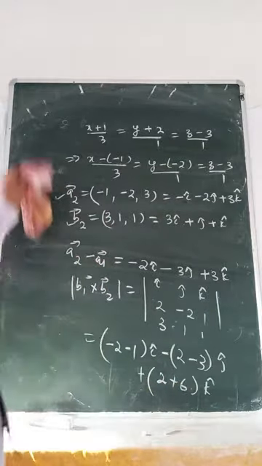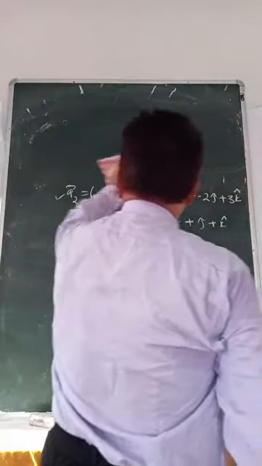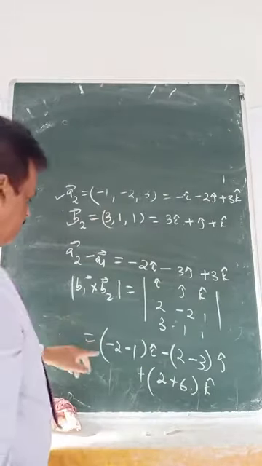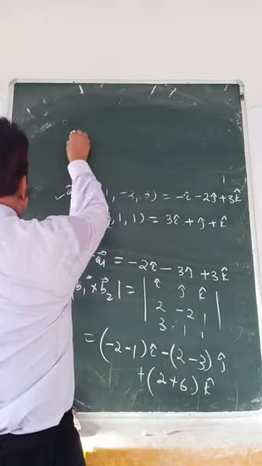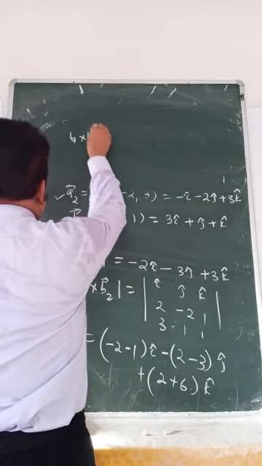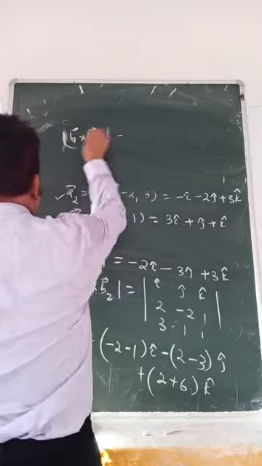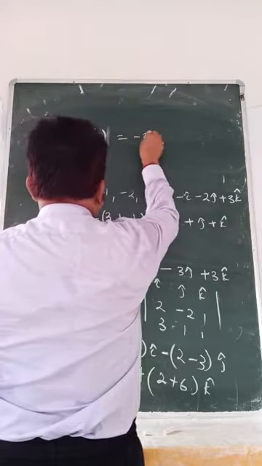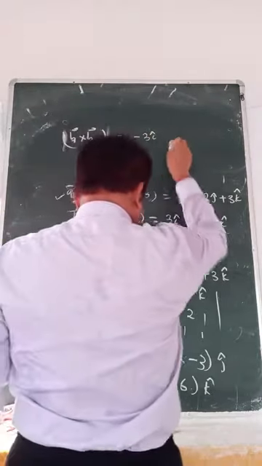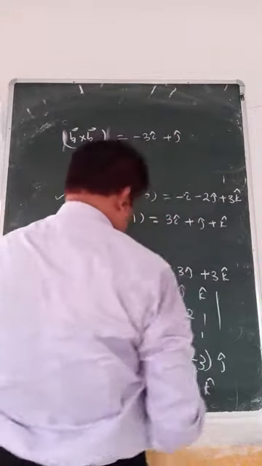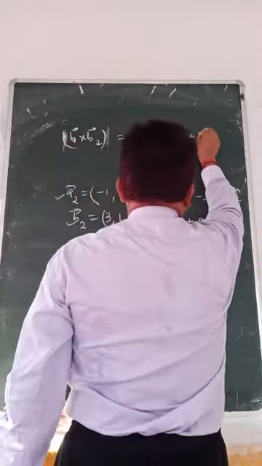So how much did you get? You are getting B1 cross B2 equal to -3i - j + 8k.